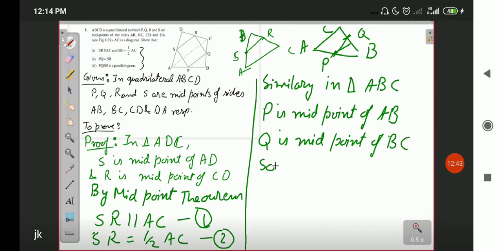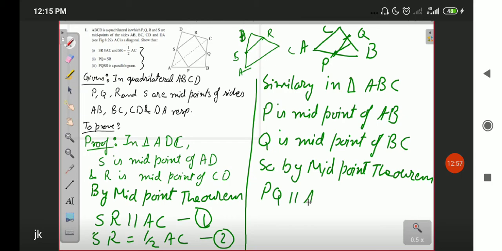So by the midpoint theorem, we have PQ parallel to AC and PQ is half of AC. This will be the third equation, and there will be a fourth equation.